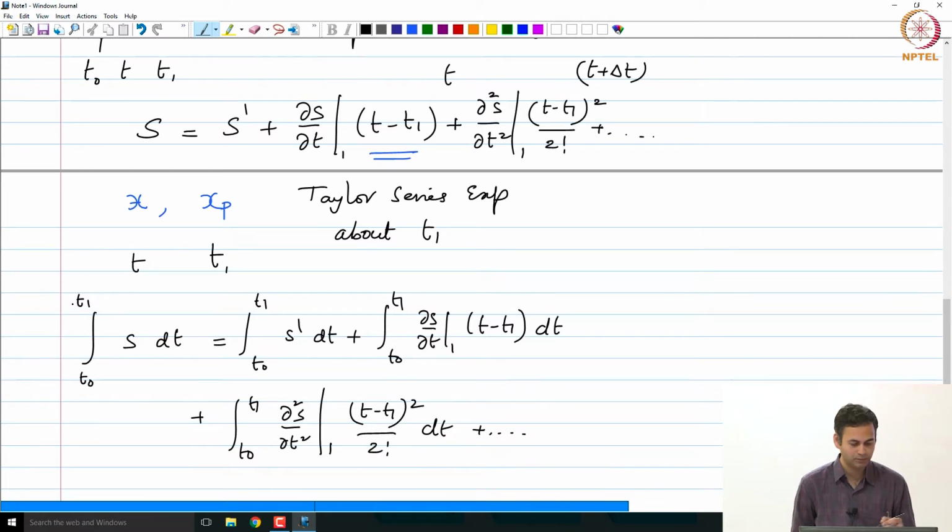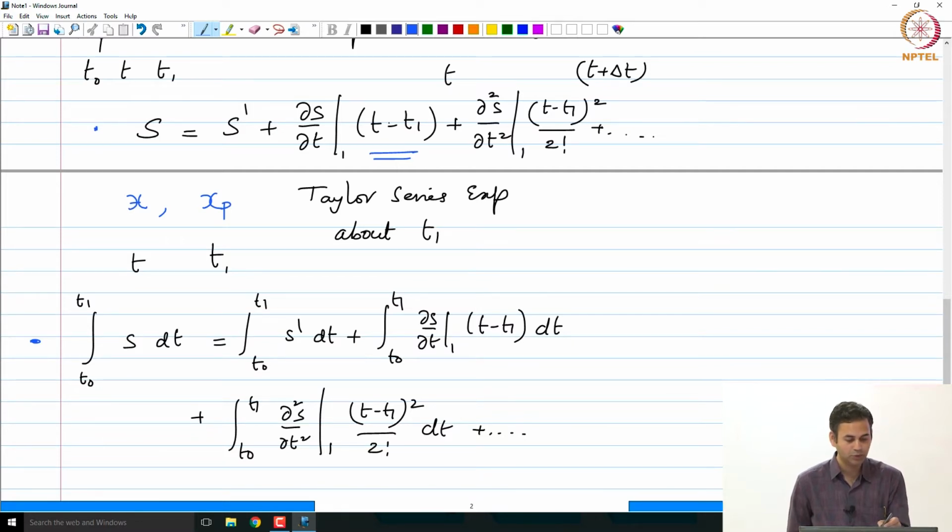First term, which one? You mean this equation? The one above here? This should be T1 minus T. Why should it be T1 minus T? We have time step T, that is between T0 and T1, and we are expanding about T1.